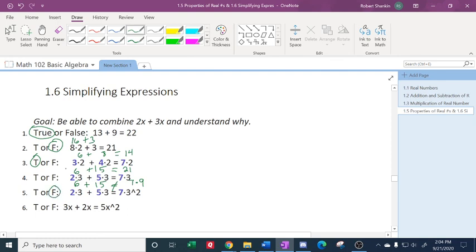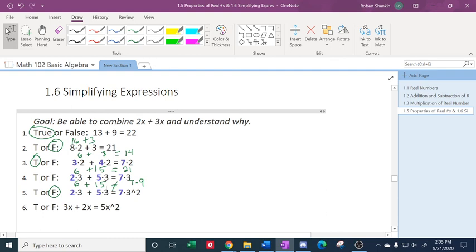Alright, now, before you do the next one, I'm going to prime the pump here. 3x plus 2x. If I had to add these two together, it makes sense to me to add the 3 and the 2. But then I don't think I want to leave just x as just x.